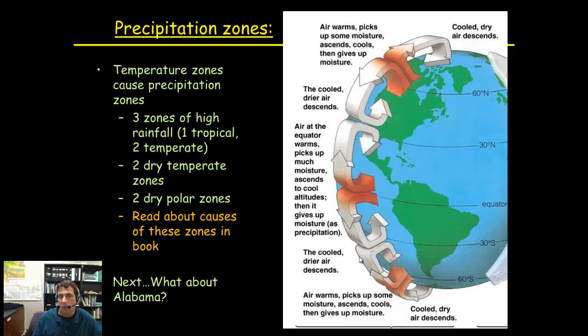Some of it will travel northward, away from 30 degrees north, and it will also pick up some heat and water vapor, and when it gets around 60 degrees north, it will converge with air descending from the poles, and that warm air will rise up again, and you get the same process of rainfall around 60 degrees north and 60 degrees south.